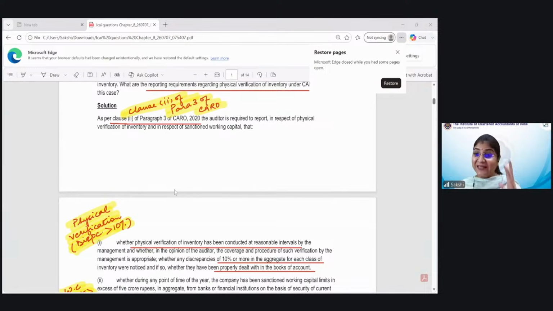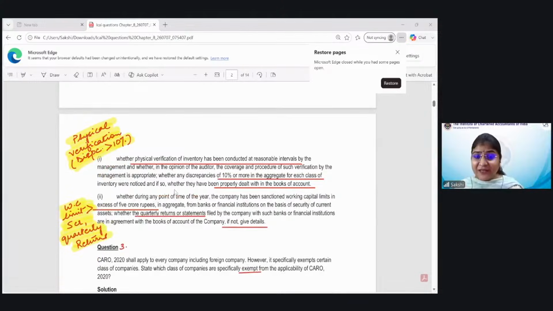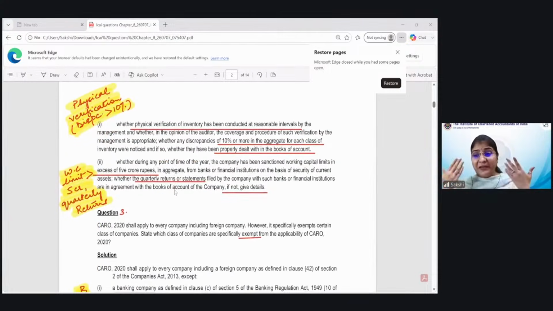All right, okay, let's see how the answer is written. As per clause 2 of para 3 of CARO 2020, the auditor is required to report in respect of physical inventory. What is number 1? Whether physical verification of inventory has been done at reasonable intervals by the management, isn't it? Whether in the opinion of the auditor, the coverage and procedure of such verification of inventory by the management is appropriate.